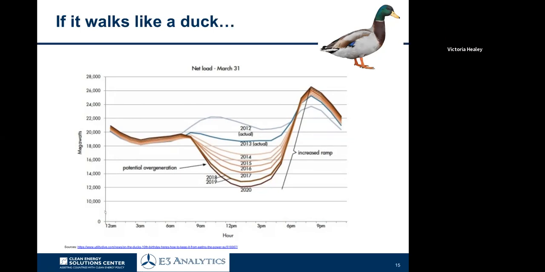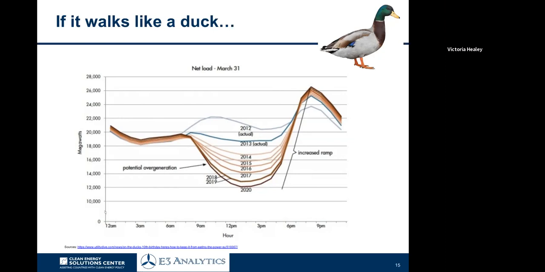Now, if you had bottomless hydro dams and you could just open the floodgates, you could easily meet this rapid ramp. But the reality in most of the world is we don't have very large, abundantly available, endlessly dispatchable hydro dams. We have constraints.